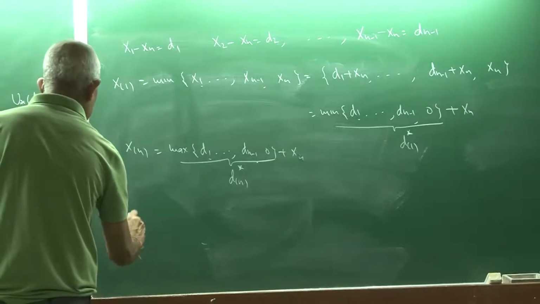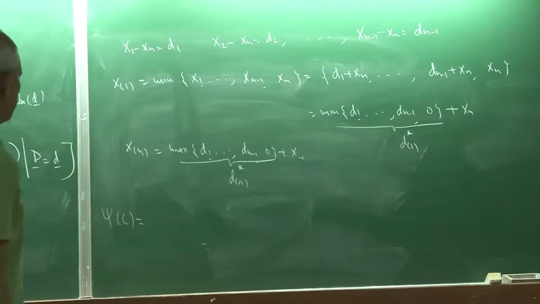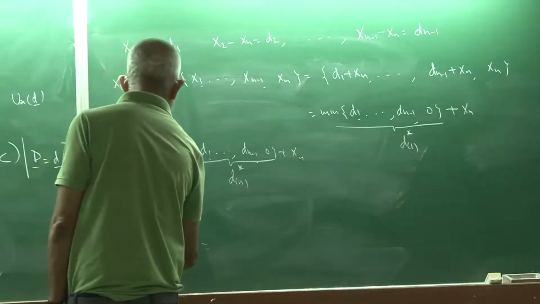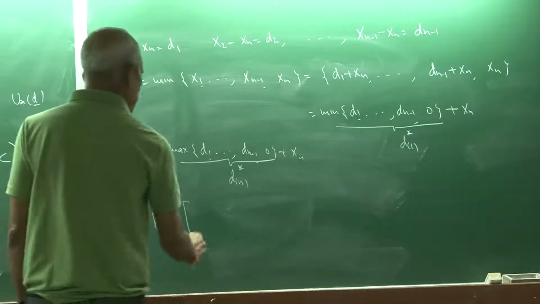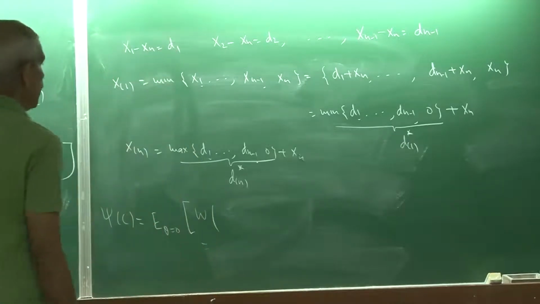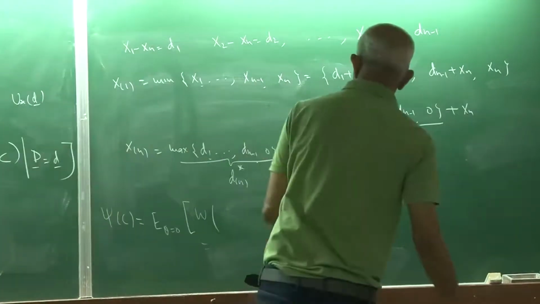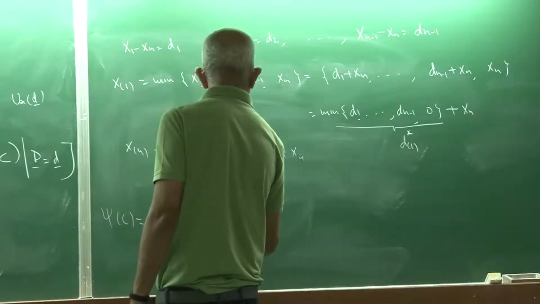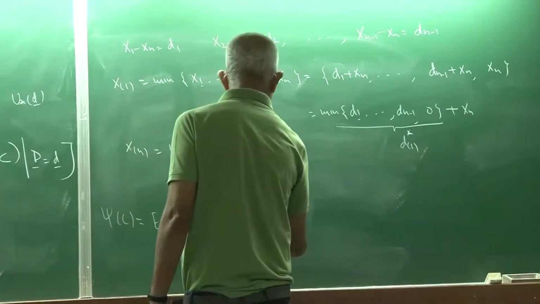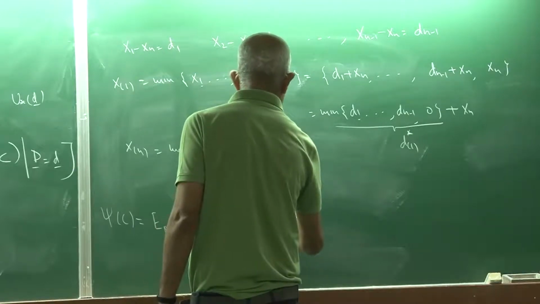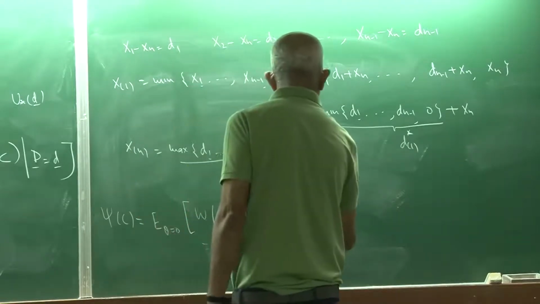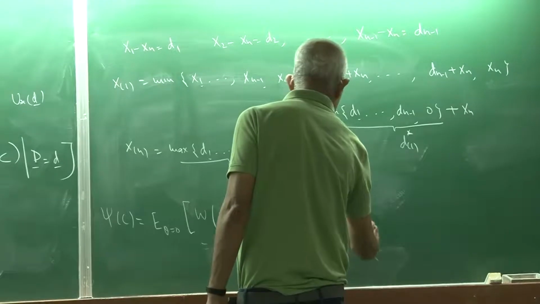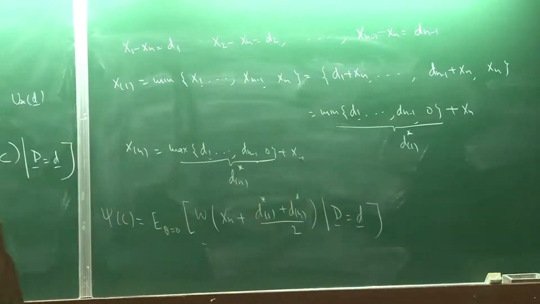Your psi of c becomes the expected value under theta equal to 0 of W of (X(1) plus X(n)) by 2. So this xn would come together: xn plus (d1 star plus dn star) by 2, given that D is equal to d. There is somewhere minus c also.